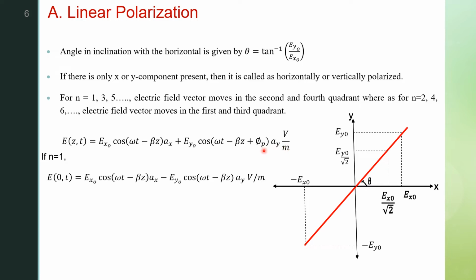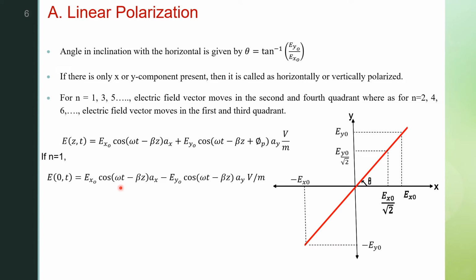Substituting here phi p is equal to pi, you will get, if n is equal to 1, E of z comma t is equal to Ex0 cos(omega t minus beta z) Ax minus Ey0 cos(omega t minus beta z) Ay cap. So here also you can substitute for different time instances. You can substitute for t equal to 0, and similarly you can continue. But just take the first case.